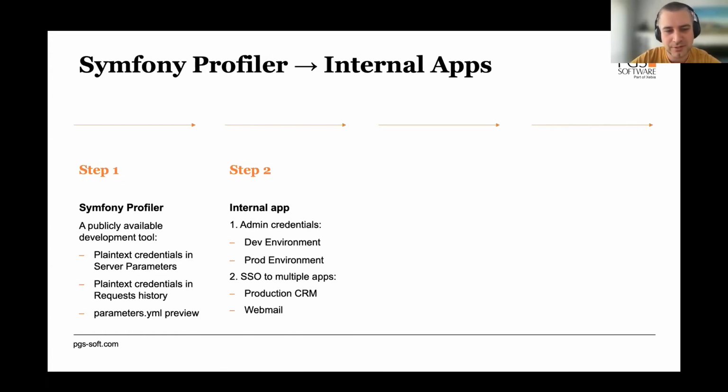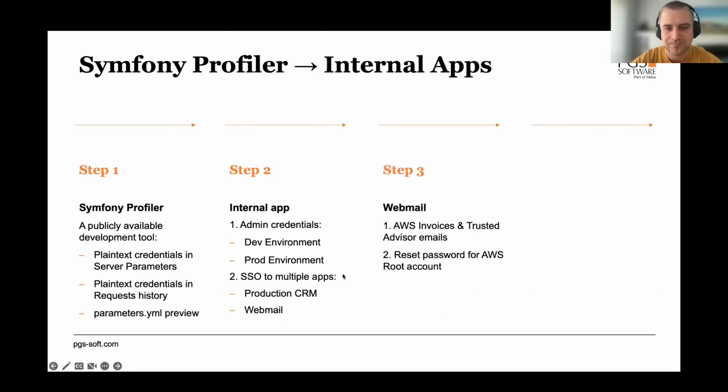And when I logged in, there was a dashboard with many internal apps and a single sign-on possible for many different applications like production CRM or webmail. And I don't need access to CRM. I don't want to see your clients, but I want to get to your AWS account. So webmail is something that I should check.